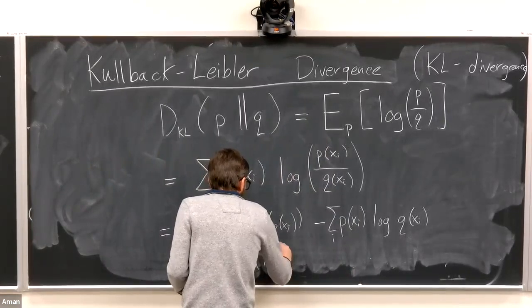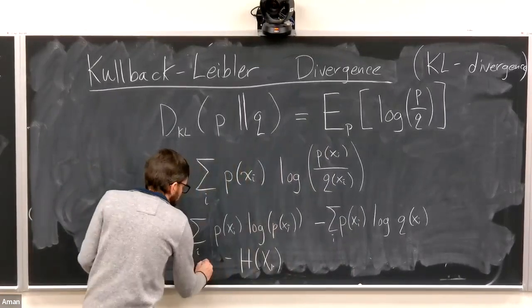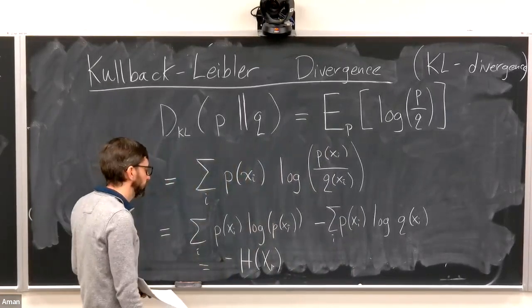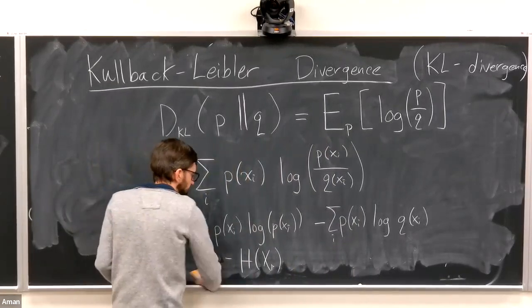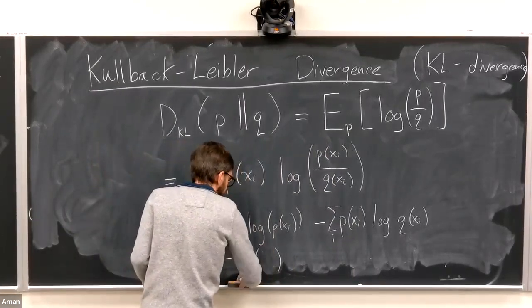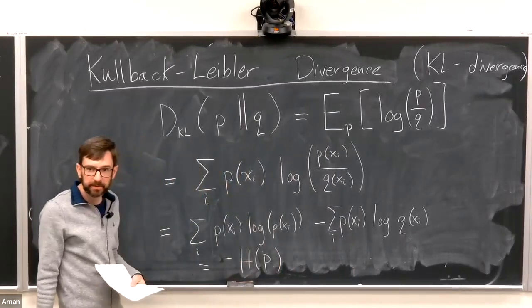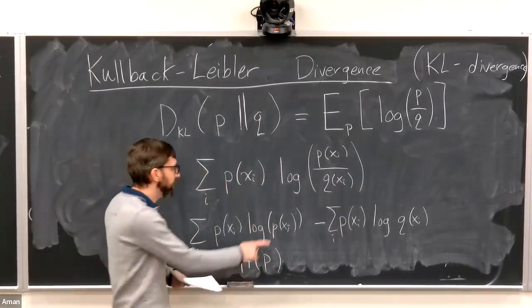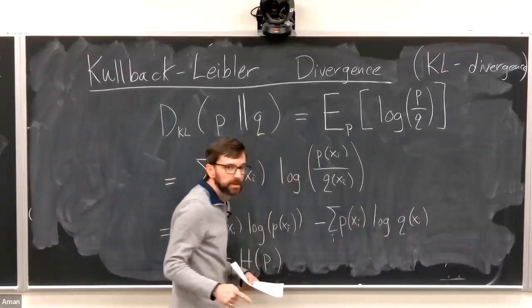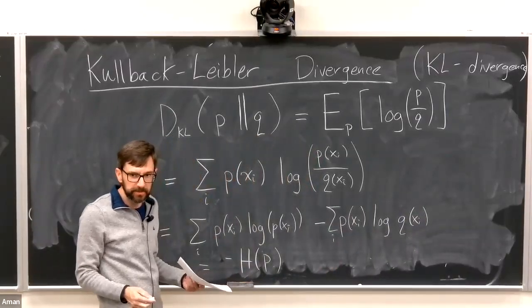I usually just write the entropy of P, but you know what I mean: the entropy of the random variable associated with P. And this other term is called the cross entropy.